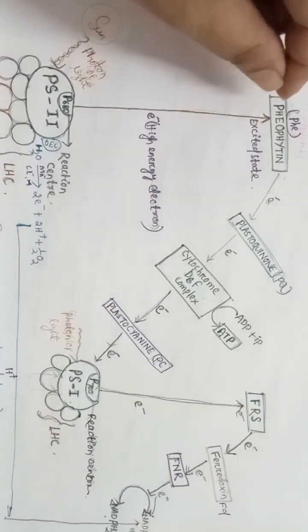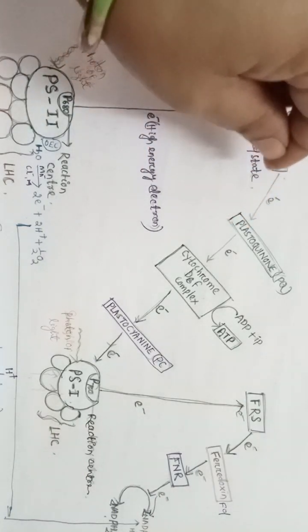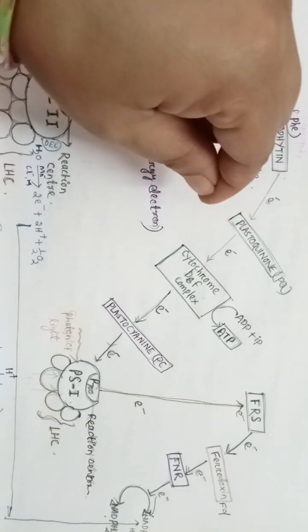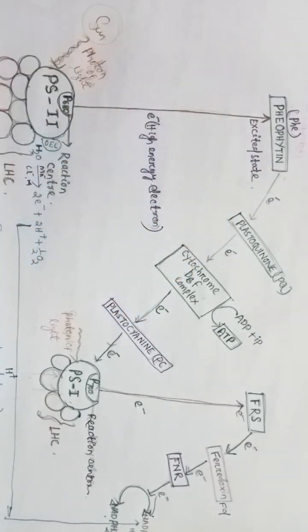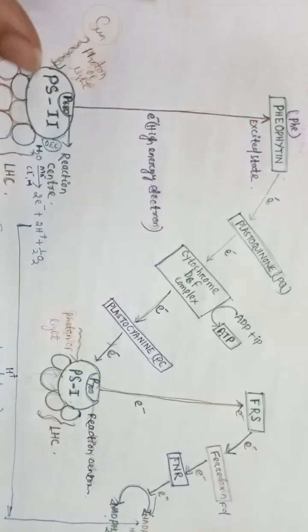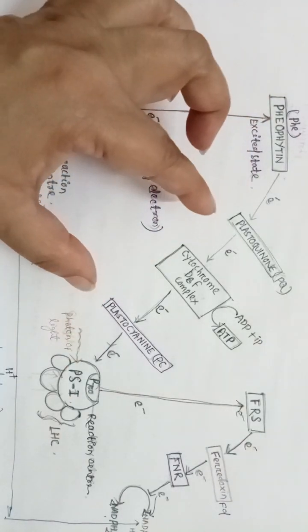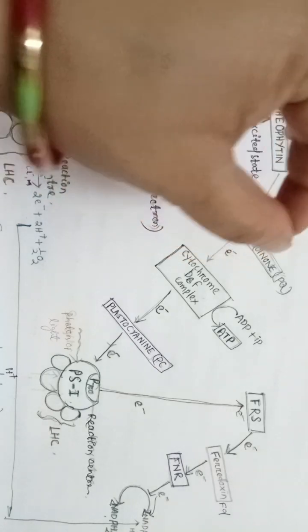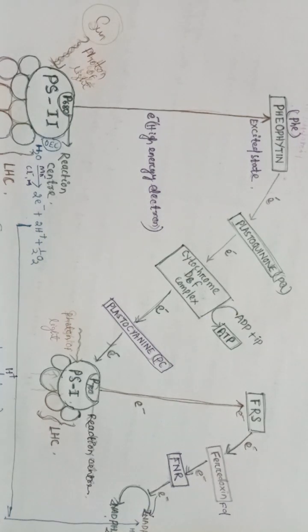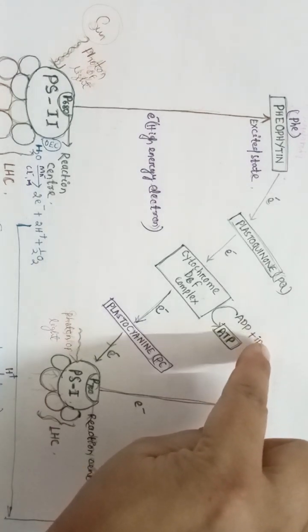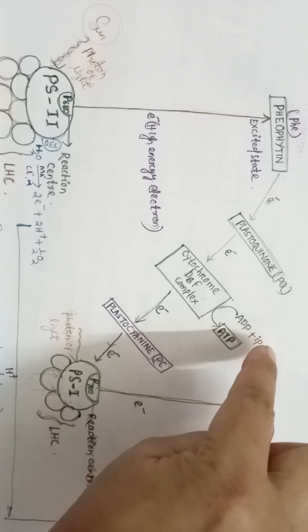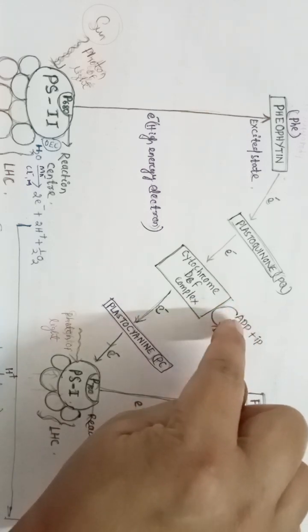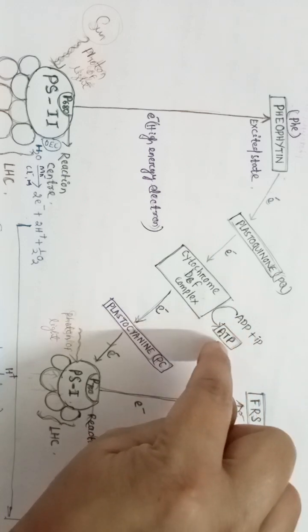Okay, and whenever the high energy electron is transported from one electron carrier to another, through the electron transport chain in the thylakoid membrane, it loses some of its energy, and this energy is used for the addition of inorganic phosphate to ADP, adenosine diphosphate, and makes ATP.